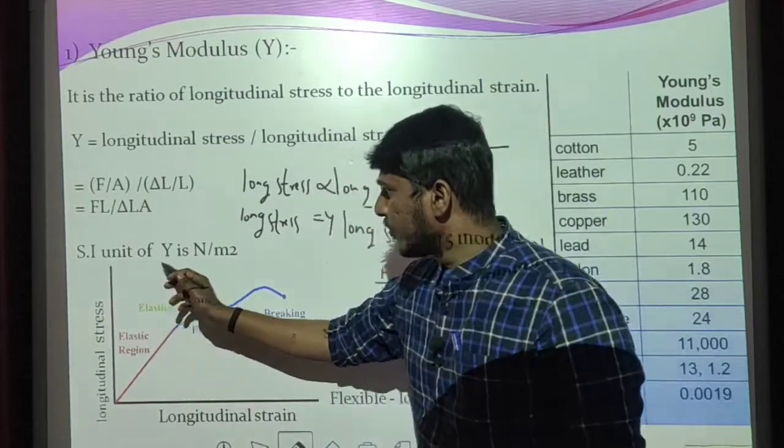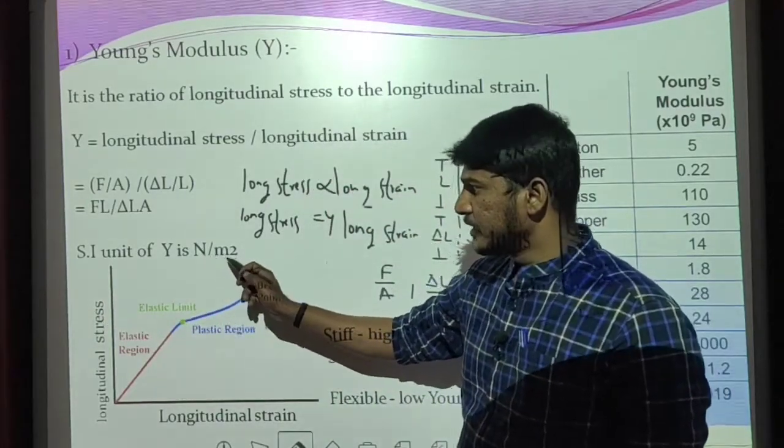The SI unit for Young's modulus is Newton per meter square.